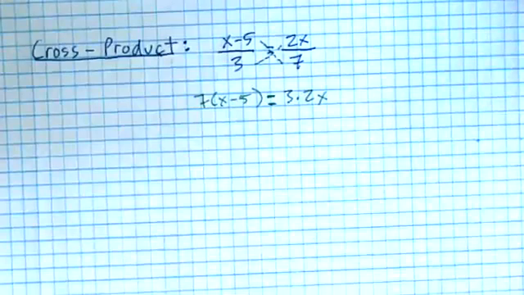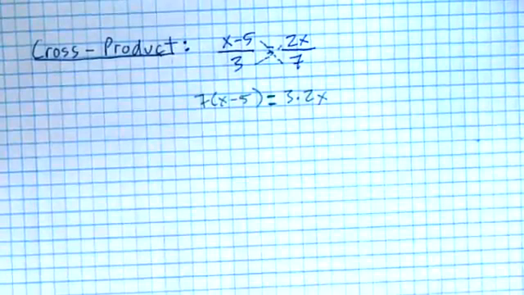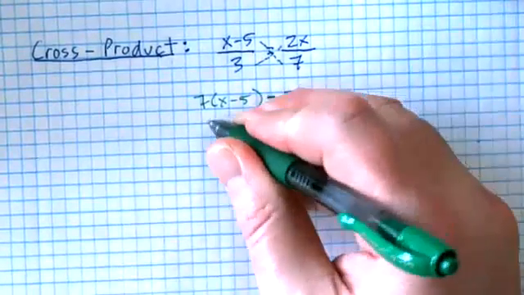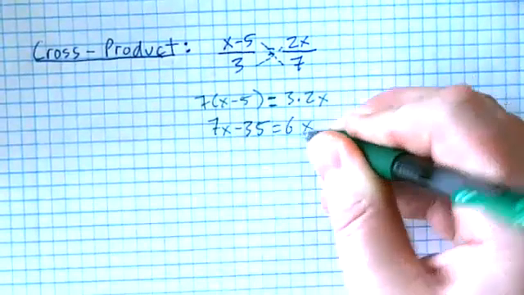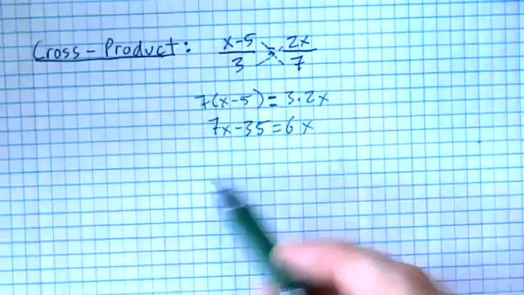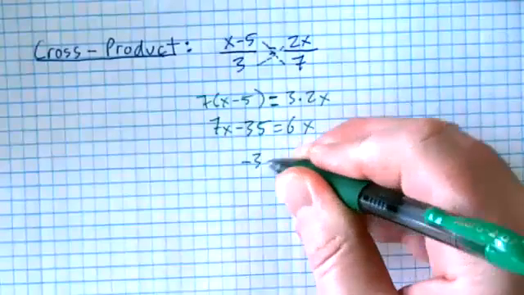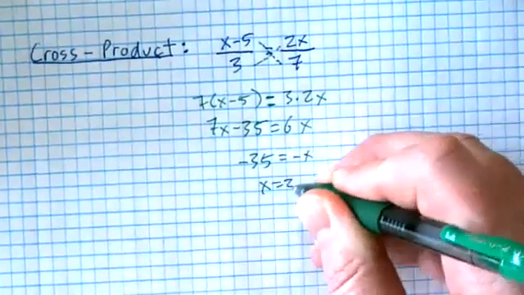And now I got a nice simple little algebra 1 style equation that I could eventually solve for x, right? Let's do it real quick. That's 7x minus 35 equals 6x. And I'd probably do minus 7x on both sides to get negative 35 equals negative x, so x equals 35.